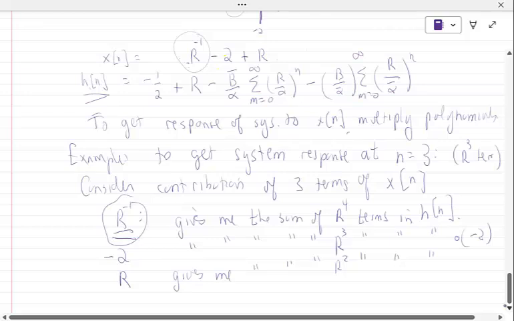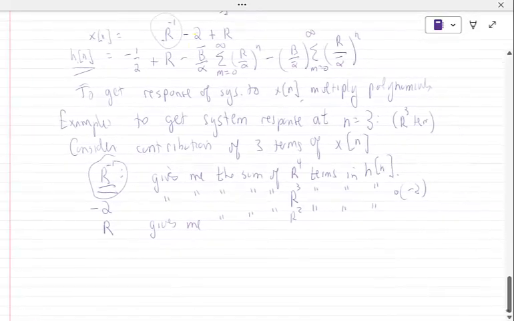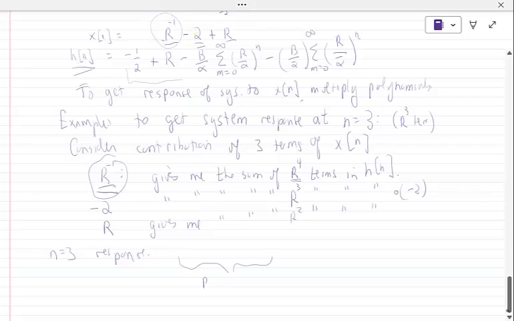So in order to get the n equals 3 response, I can break it down that way. I can see what x does, because I can think of this as 3 impulses. The 3 impulses produce 3 responses that I add up together. So for the response at time 3, from the R inverse I'm going to have to look for the R cubed terms, the R to the 4th terms. What are the R to the 4th terms in H of n?